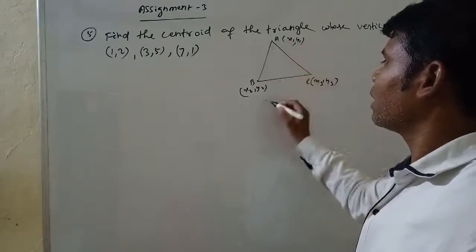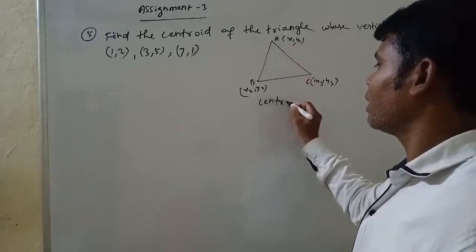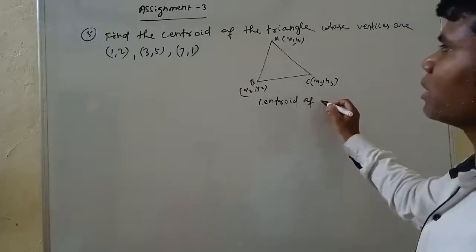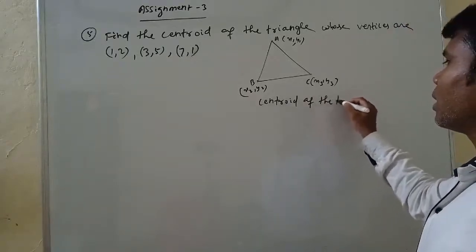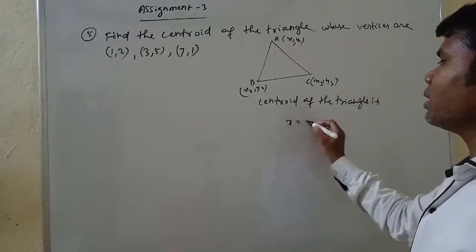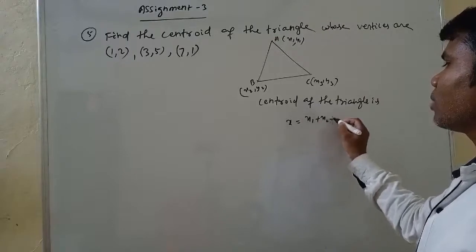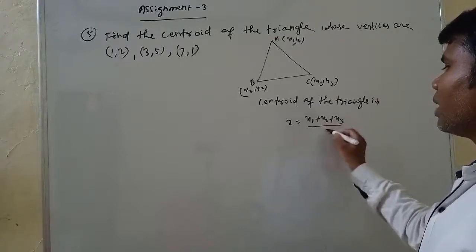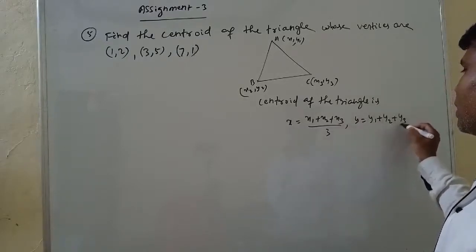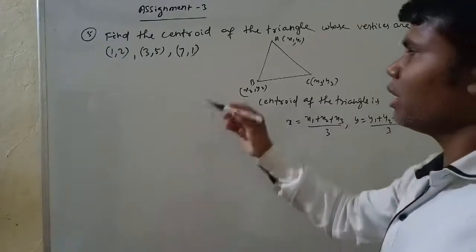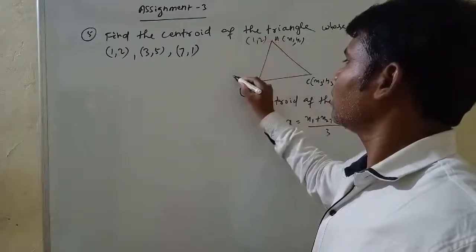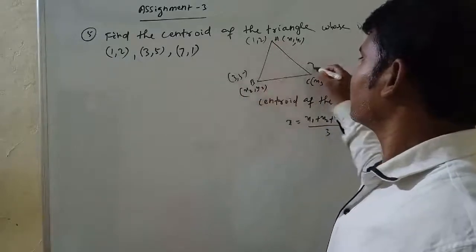Center of the triangle, centroid of the triangle, is x is equal to x1 plus x2 plus x3 by 3, y is equal to y1 plus y2 plus y3 by 3. Okay, here the vertices are given: 1 2, 3 5, 7 1.